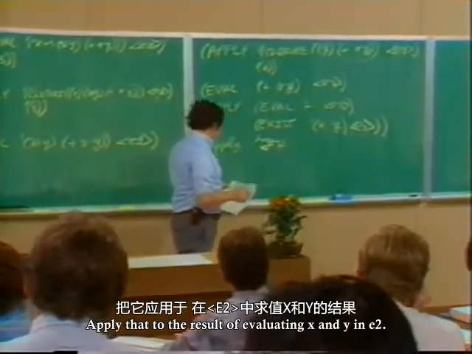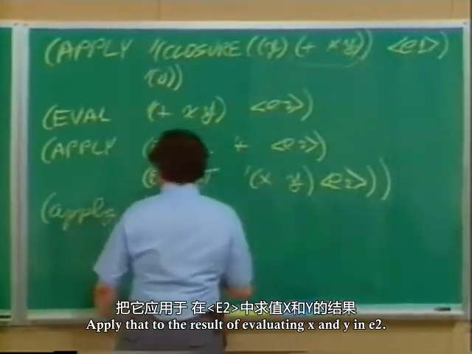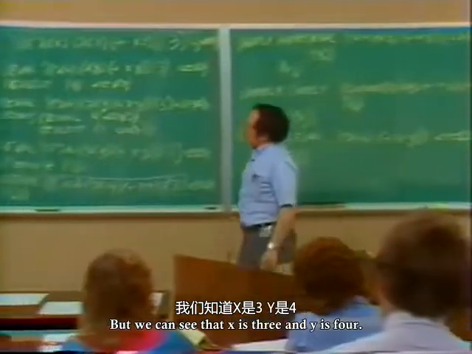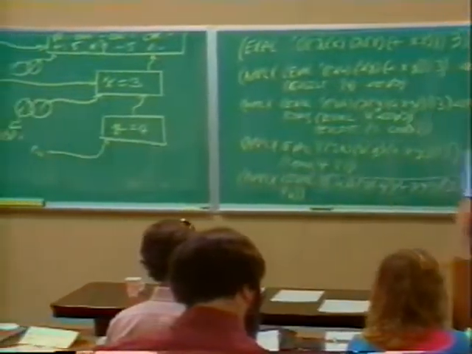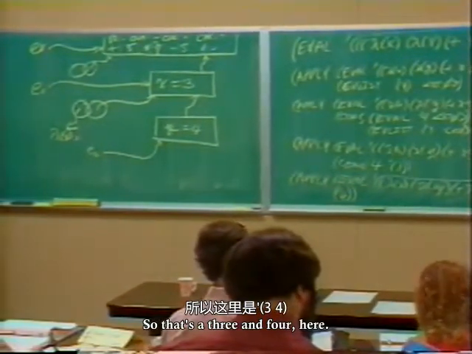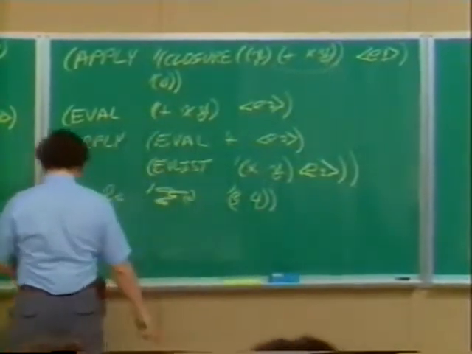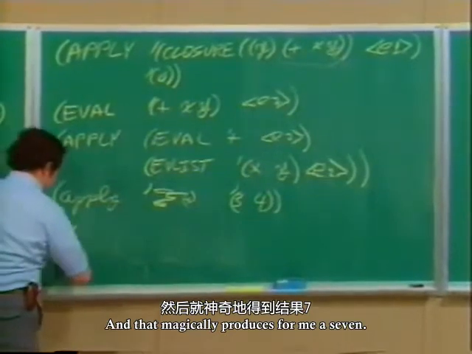Apply that to the result of evaluating x and y in E2. But we can see that x is 3 and y is 4. So that's 3 and 4 here. And that magically produces for me a 7.